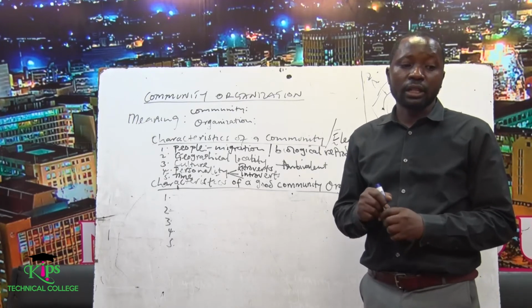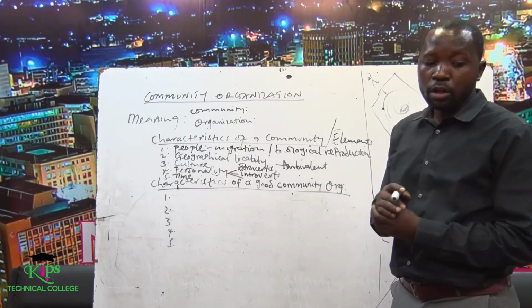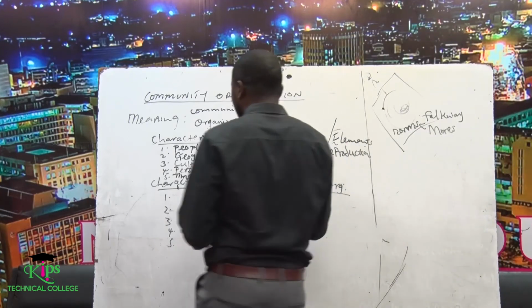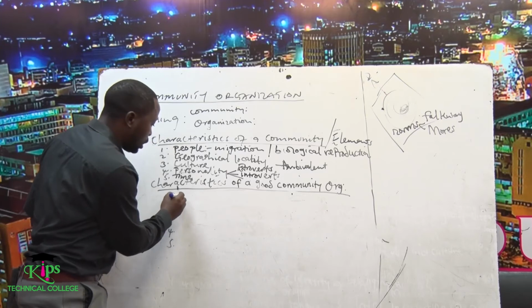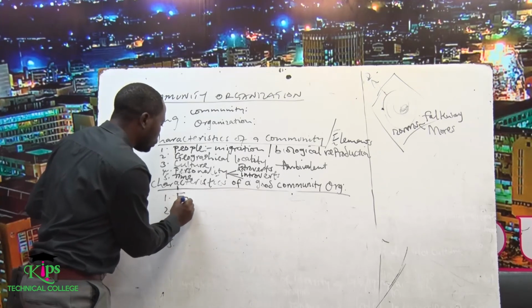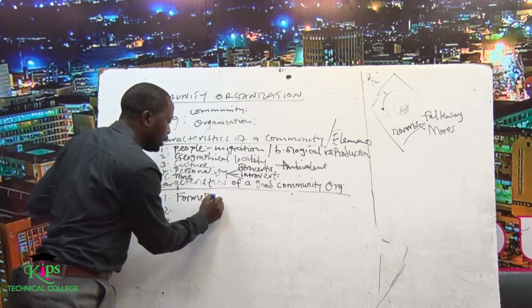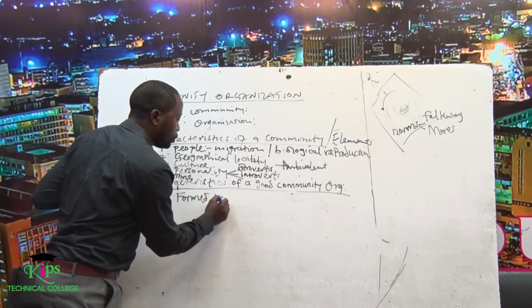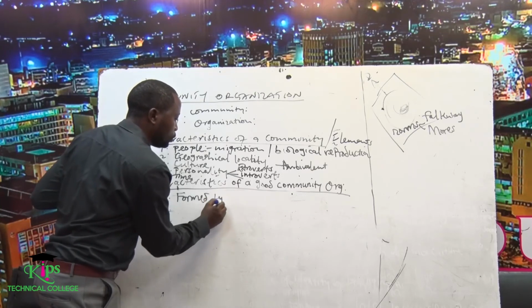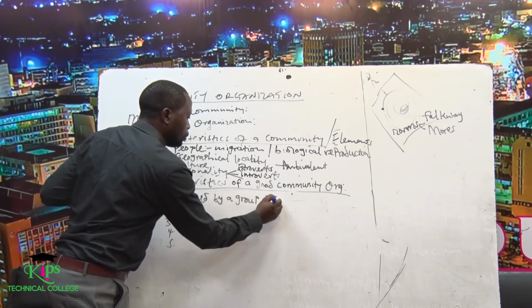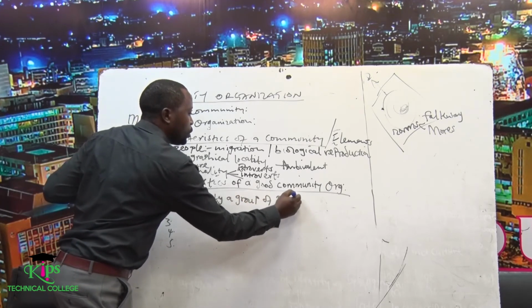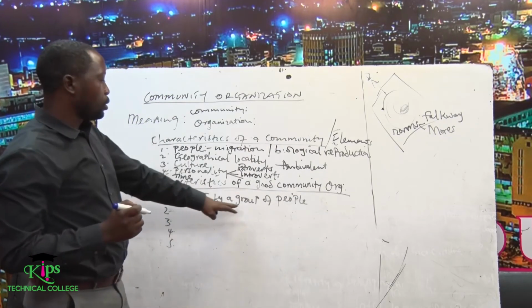Number 1 is that it is formed by a group of people within a common bond. So they come from that community. That's why we are talking about a common bond formed by a group of people.